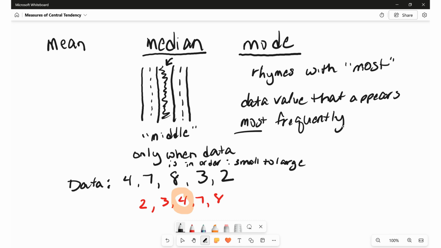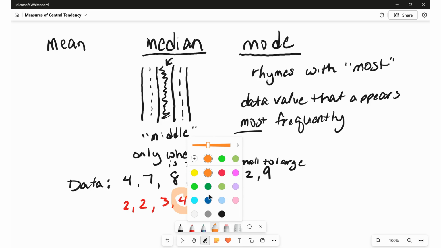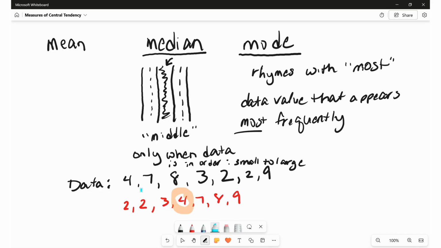But what if I added another 2 and a 9? Well, now our median stays the same, it hasn't changed. But now the mode, the data that occurs the most frequently, is 2.